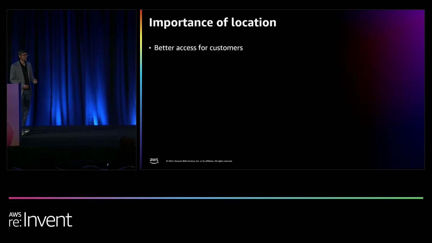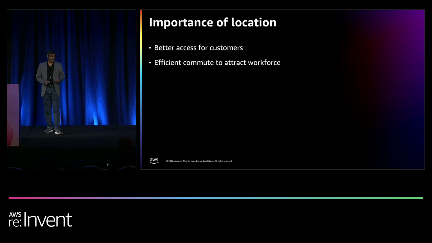What we want is better access for customers. Nobody wants to get stuck in traffic jams when they're coming out of a mall. Or we look at the commute for our workforces. What are the drive times and drive distances that they are involved with when they're commuting to work and going back from work?